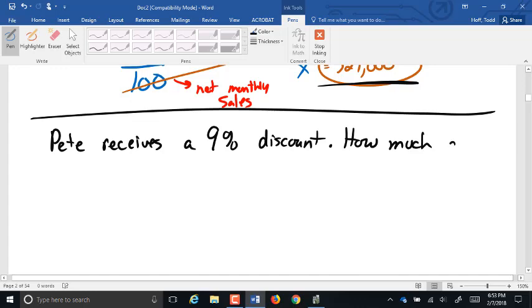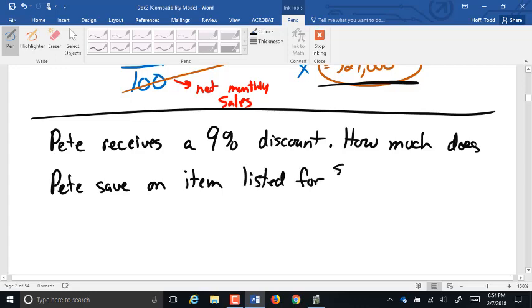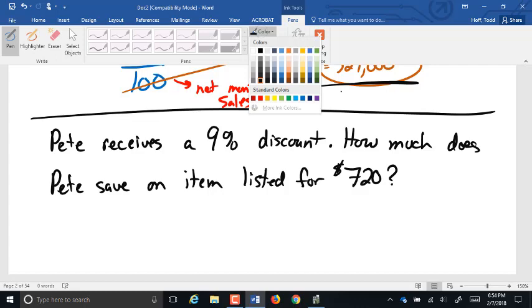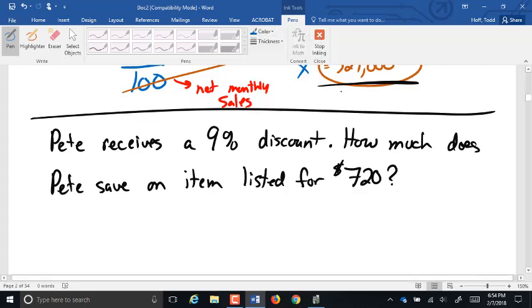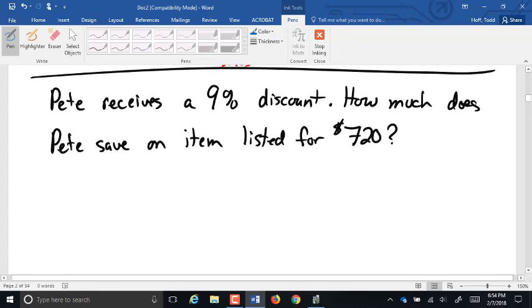How much does Pete save on items listed for $720? List price would be the full amount, and we're looking for the amount saved. So our percent here is the 9%. It's going to be 9 over 100.